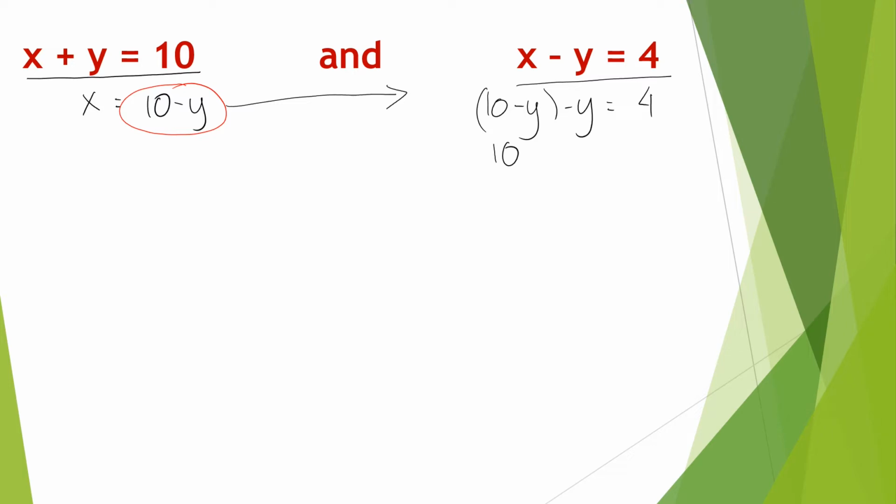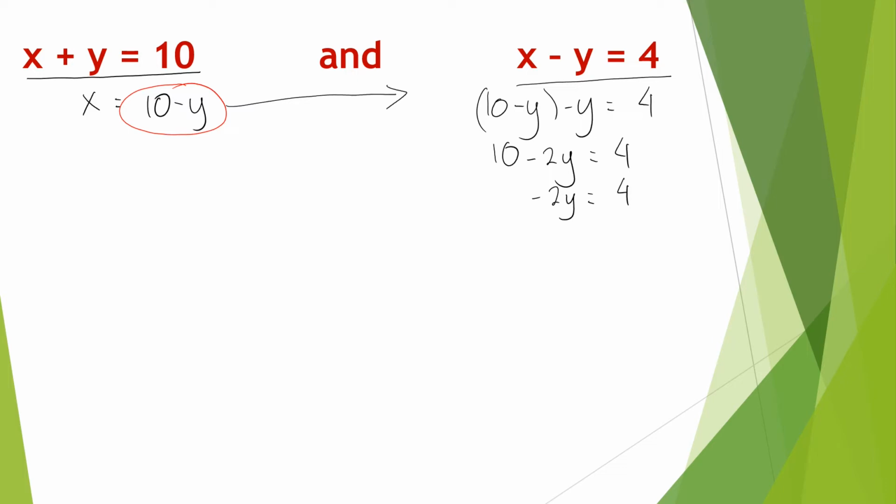Minus y, so minus with minus will be minus 2y, equals 4. If you forgot how to add minus y with y, or x with y like that, you can see my videos about algebra manipulation. In that video I explain about this.